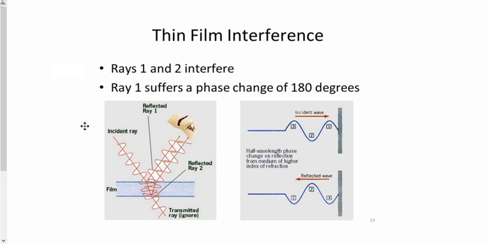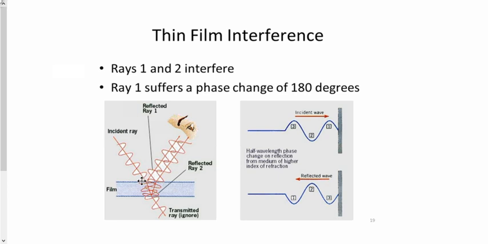So let's take a look at this picture here. Here's an incident ray coming in from air, index of refraction of 1.00293. It reaches maybe a soap bubble or something like that. The index of refraction is greater, so the reflected ray is going to bounce off here 180 degrees out of phase.